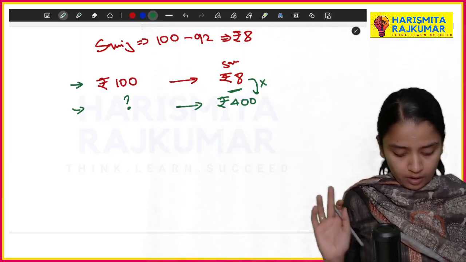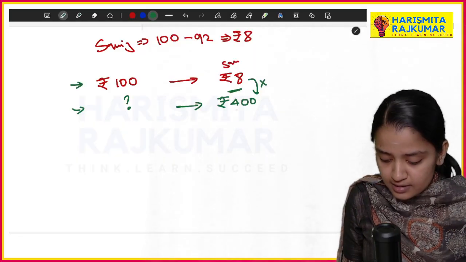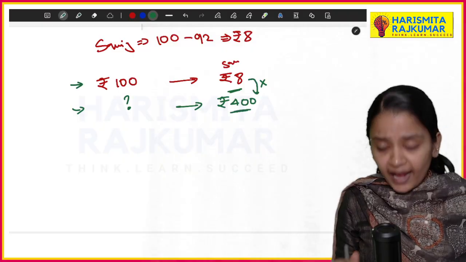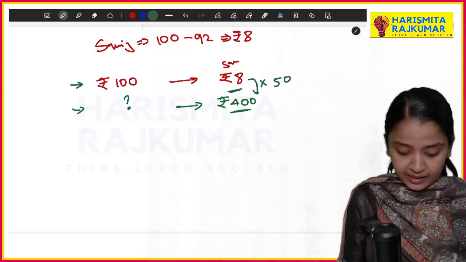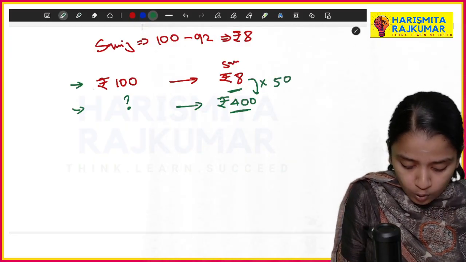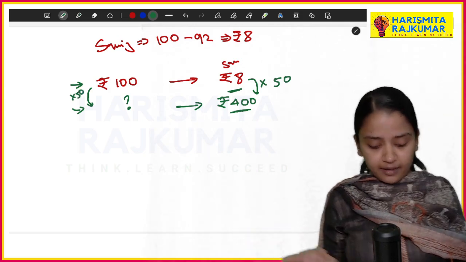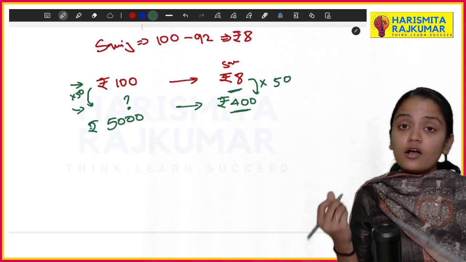But the original saving is 400. So 8 into what gives you 400? 8 into 50 gives you 400. Likewise, I have to multiply by the same. So it is 50 times greater. So the original salary is rupees 5,000.